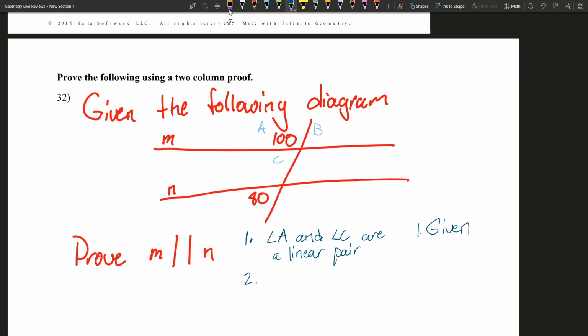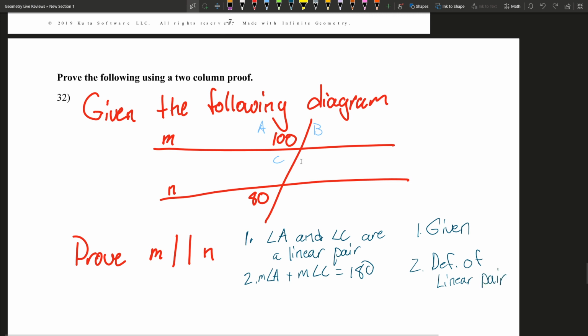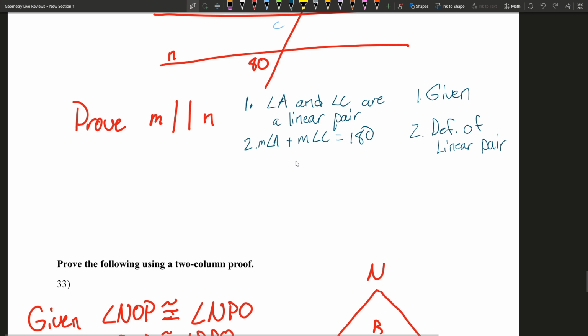The next step would be angle A plus angle C equals 180 because of the definition of linear pair. You could also just skip this step and go straight to 100 plus the measure of angle C is equal to 180.